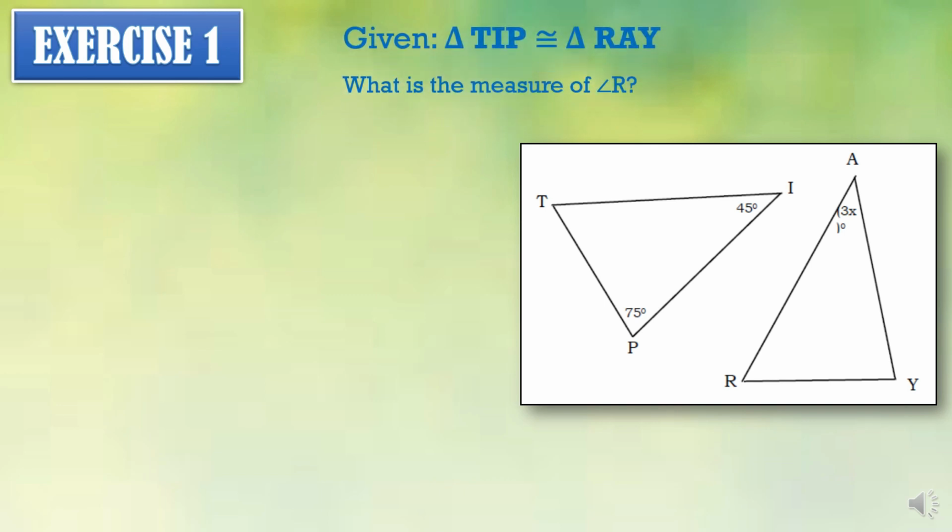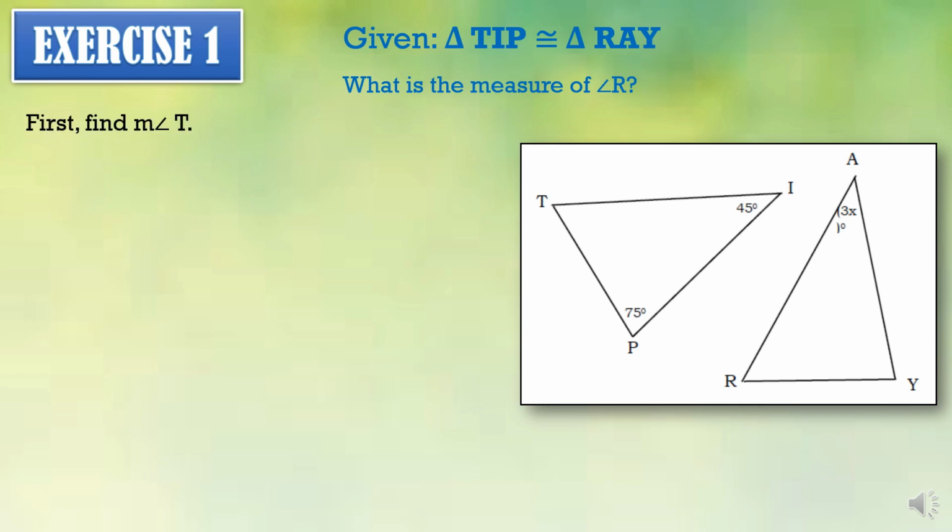Okay, let's take exercise 1. In the given figures, the given is triangle TIP congruent with triangle RAY. What is the measure of angle R?